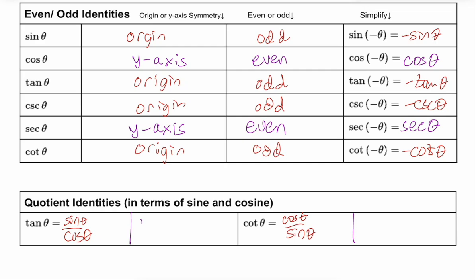So I can say that a tangent times a cosine is always a sine, or a cotangent times a sine is always a cosine. So your identities are super important because they are going to allow us to do algebra to our values, because we will know relationships between all of our trig functions.